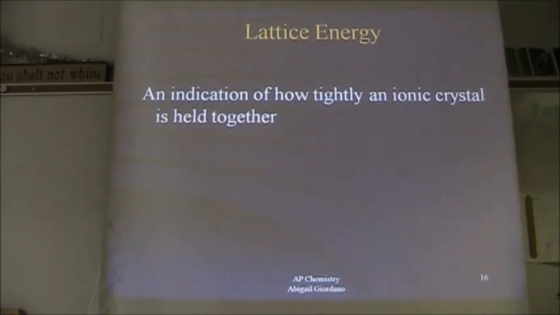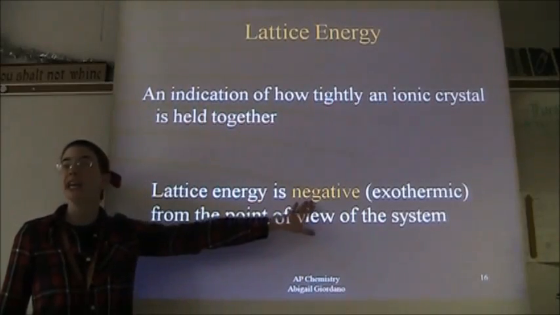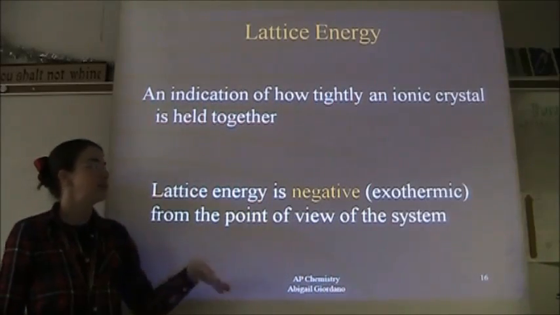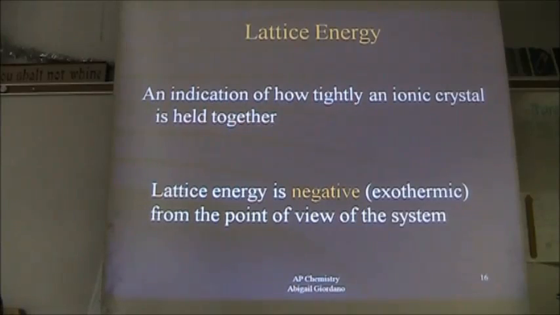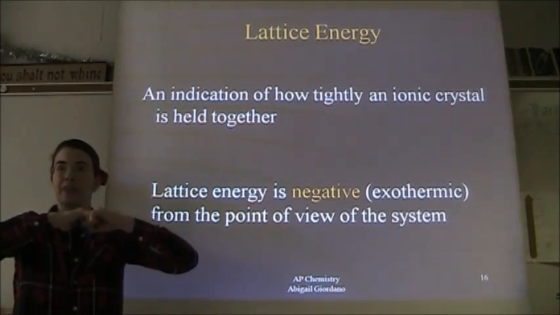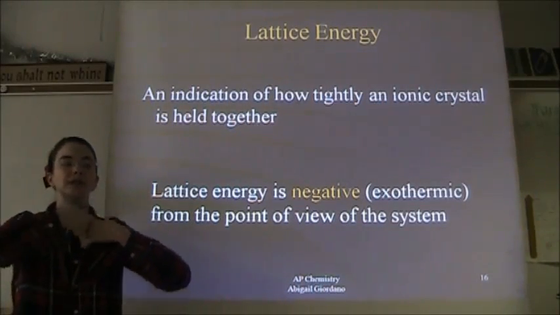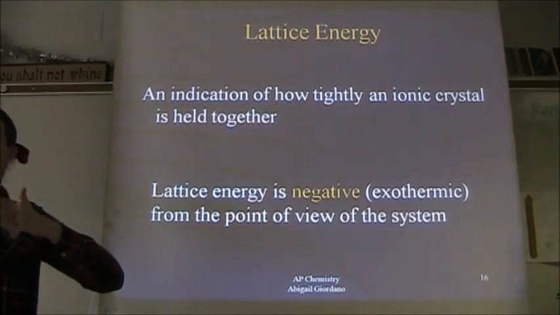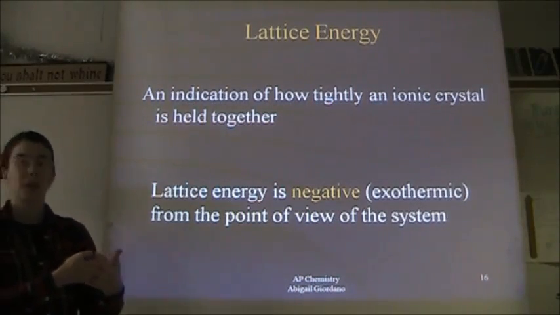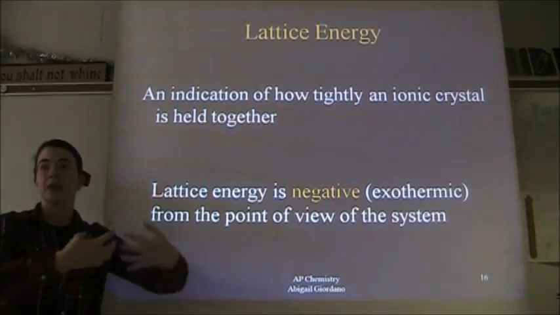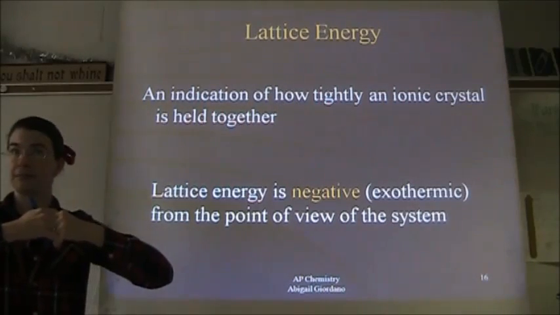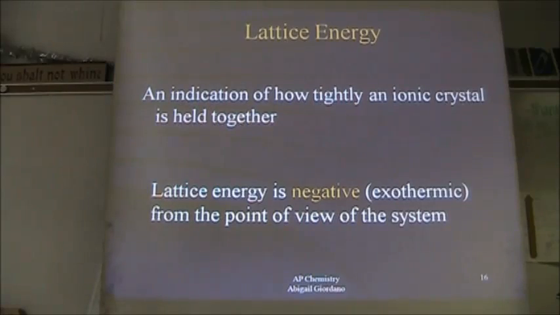Because if all bond energies are endothermic, the opposite process, all your lattice energies should be negative, exothermic. And guys, how negative they are gives us an indication of how strong that ionic bond is, how tightly held together this ionic crystal is. The more negative it is, the tighter the connection. Okay?